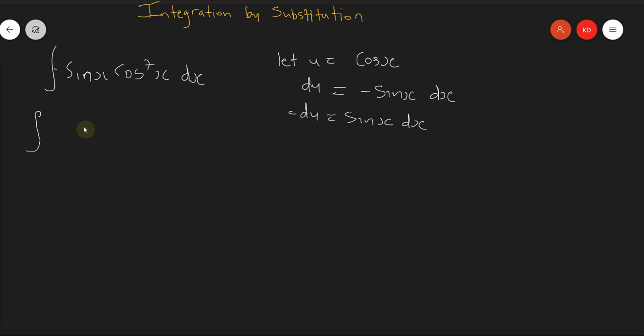So all we would need to do is replace cos to the 7th x with u to the 7th and sin x dx with negative du, meaning -1 times the integral.